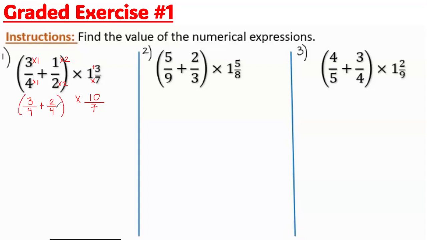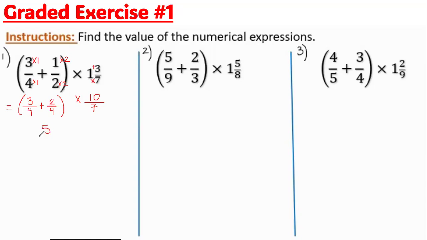And what do we do at this point? Joel, what do we do at this point? Add the numerators. So we say 3 plus 2 is what? 5.